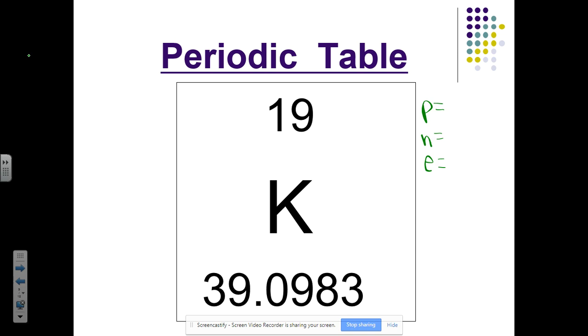Okay, so the number of protons would be 19 because that's the atomic number. The neutrons would be 20. And I got that because I rounded this number, the mass, to the nearest whole number, which is 39. And I subtracted the number of protons.